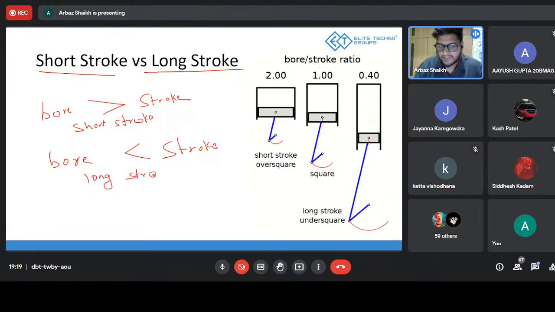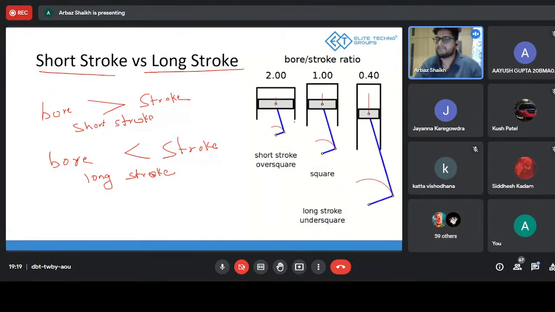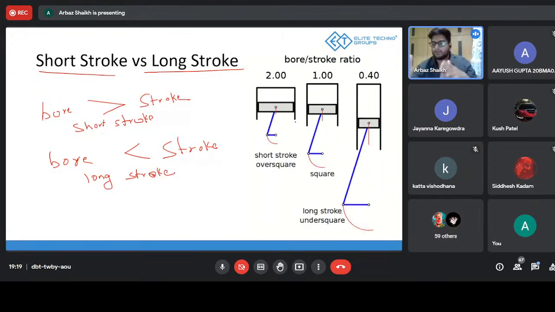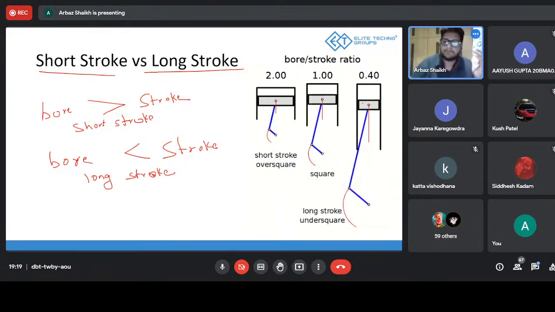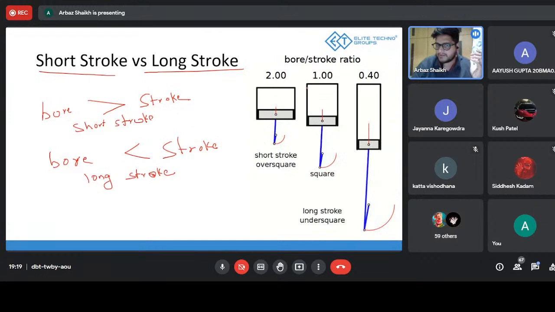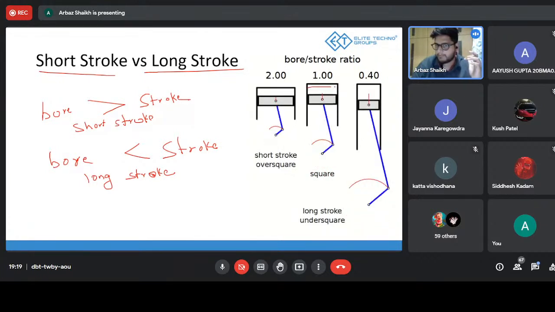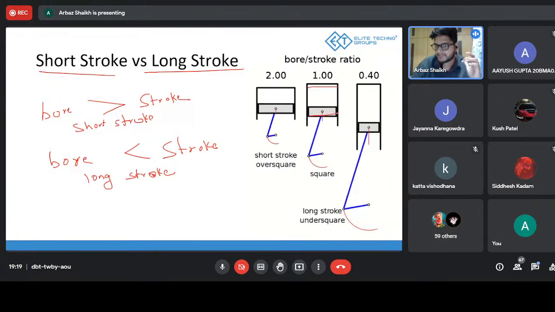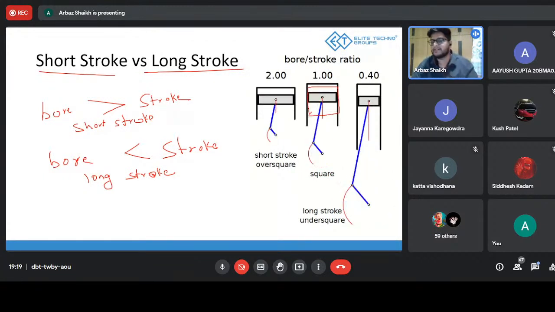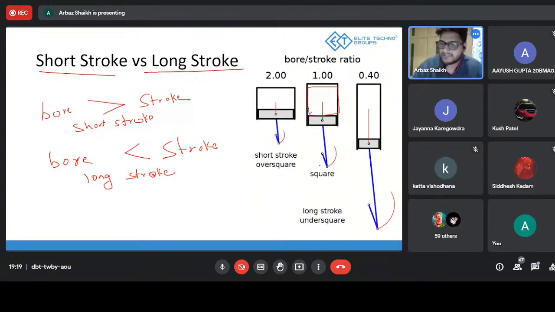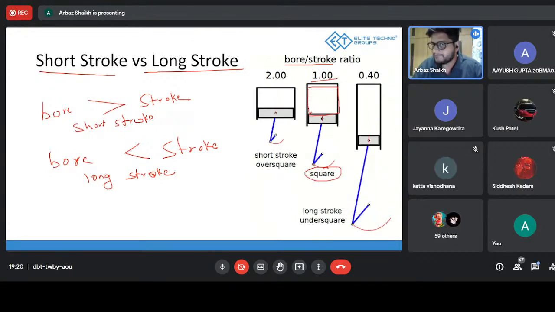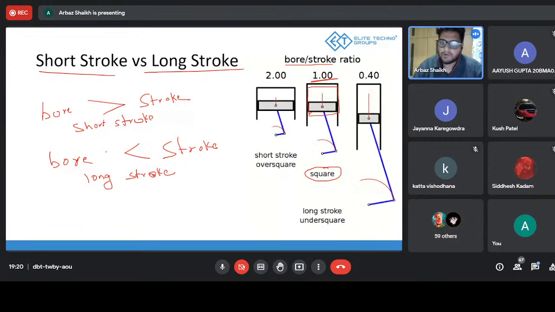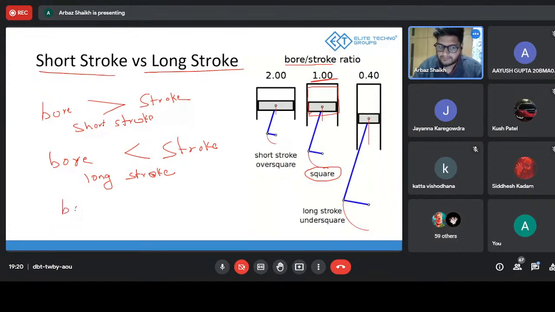We have described the bore to stroke ratio, and we have managed to keep it in a square. If I trace the top part of the piston and the bottom part of the piston and draw a four-sided figure, it comes out to be a square. This is called a square engine, where the bore to stroke ratio is 1, which means bore is equal to stroke.